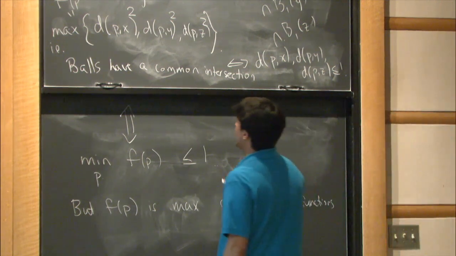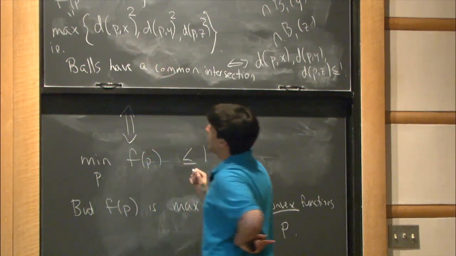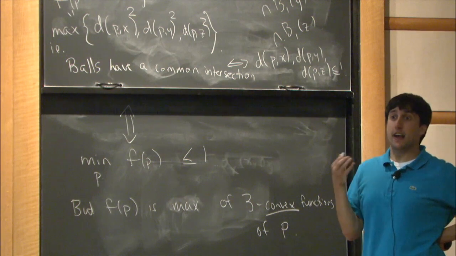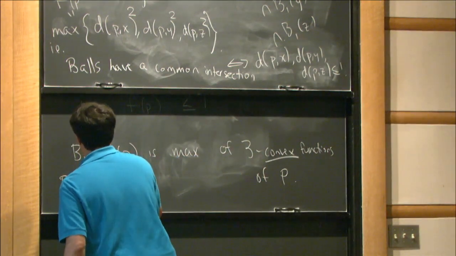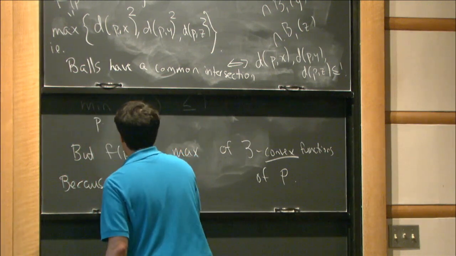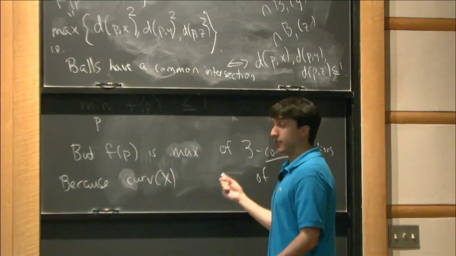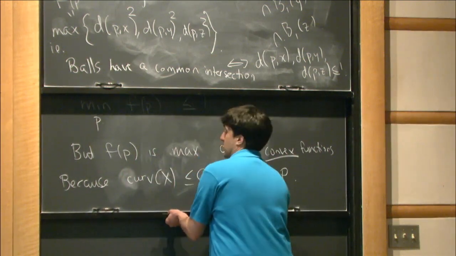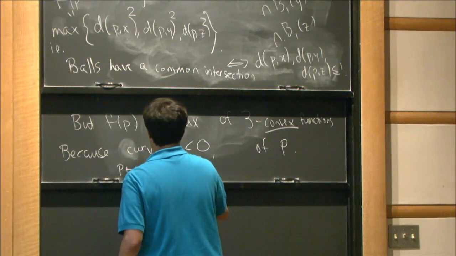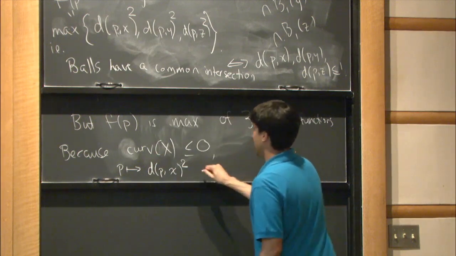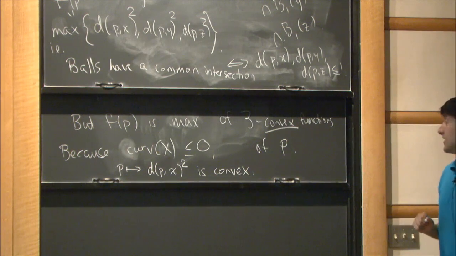It turns out that, because X has non-positive curvature, the square of the Riemannian distance function is convex.